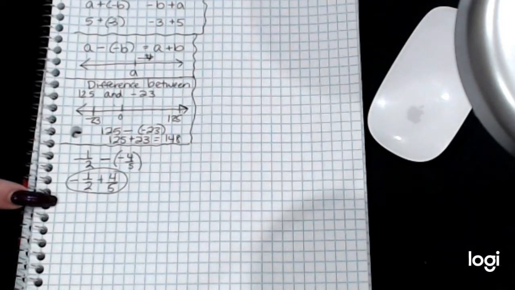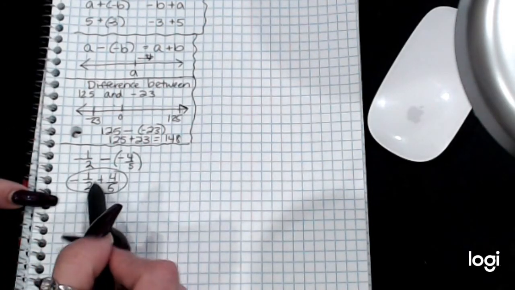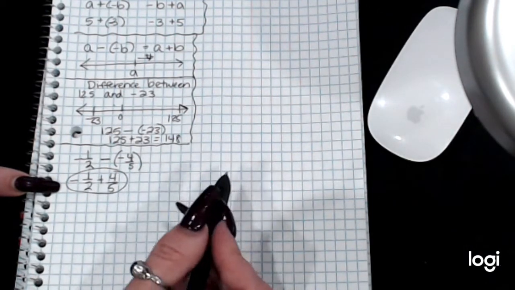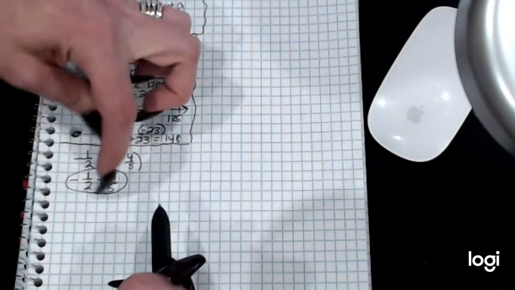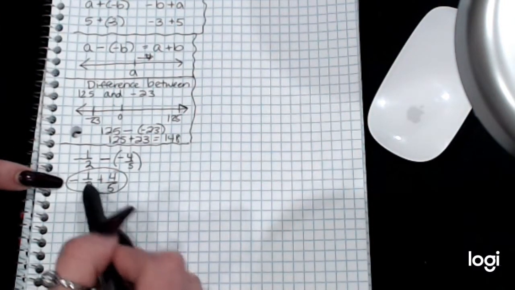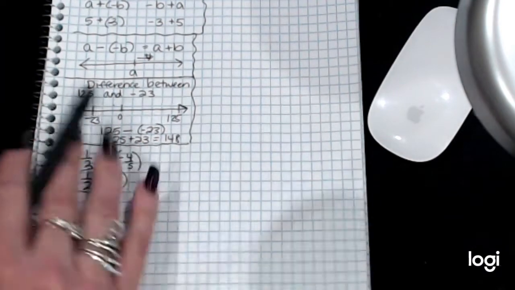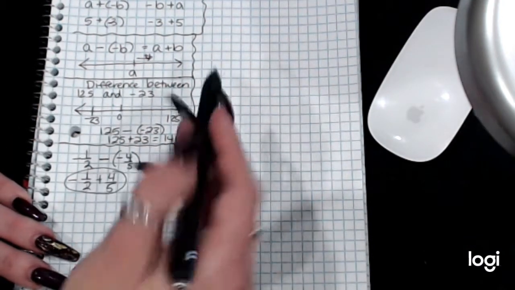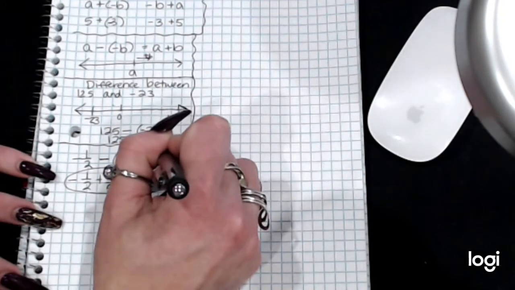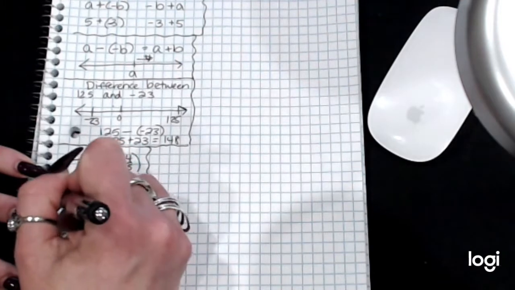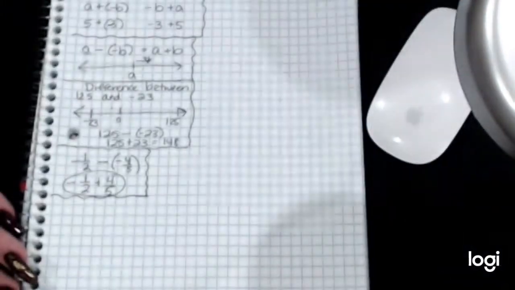Now, remember that once you have it as addition, there's another possibility that you could flip those around. This value would be the same as 4/5 minus 1/2. But I think I just want you to focus on this part for now. Okay, so I don't want to waste any space, so we'll just block this off right here and keep going.